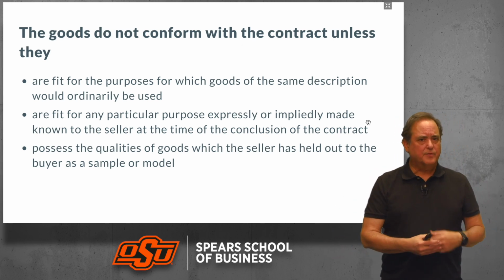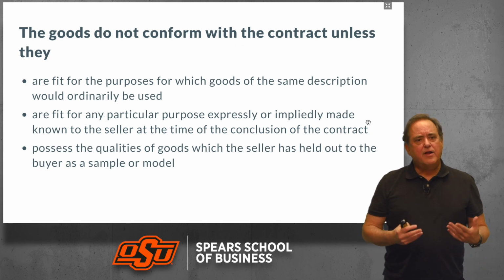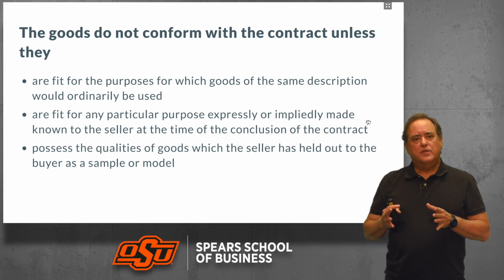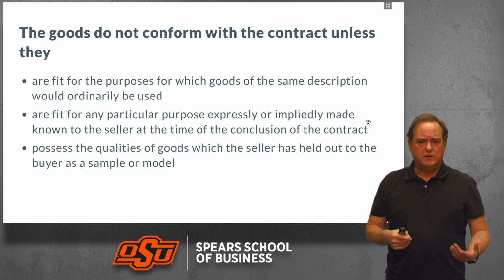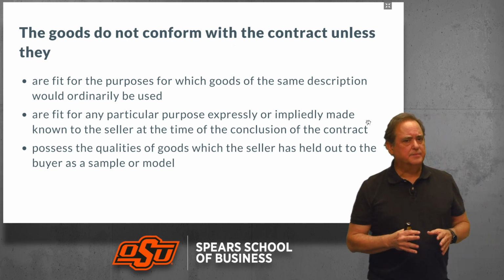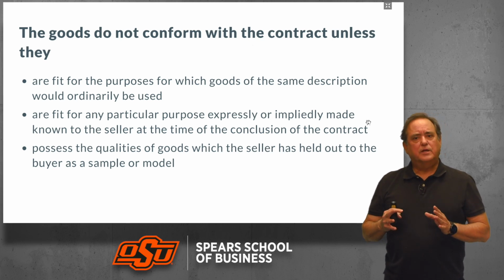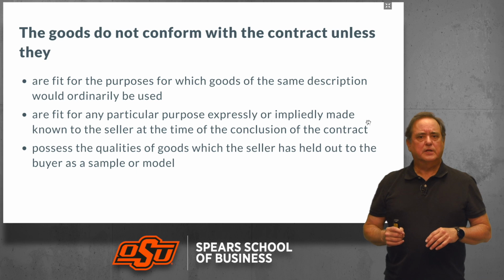Now, the second type of warranty is a guarantee that the goods are fit for a particular purpose that was made known to the seller at the time of the conclusion of the contract. Again, we have this same concept in the UCC. We call it the warranty of fitness for a particular purpose.